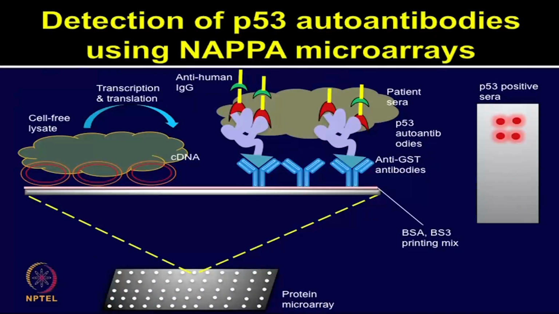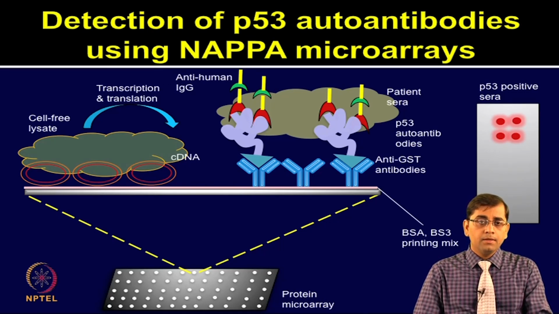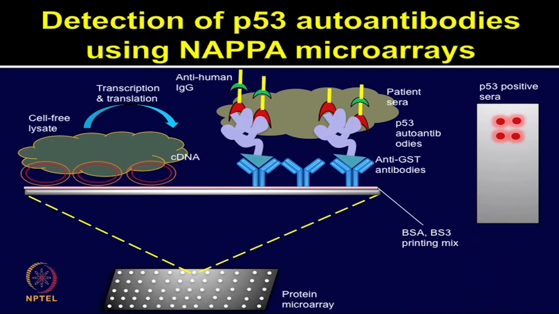Anderson et al. adopted a specific detection of autoantibodies in breast cancer patients by using nucleic acid programmable protein arrays. This slide provides an overview of detection of p53 autoantibodies using the NAPA microarray approach. So, let us discuss this study in the following animation.